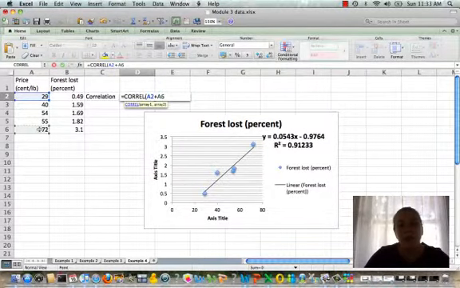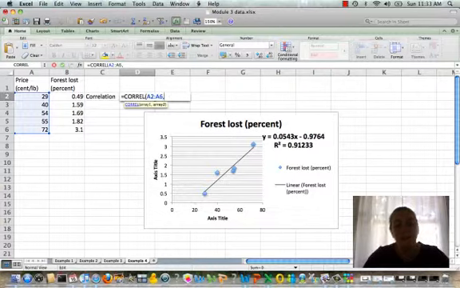Oh, see how it puts a plus in there? To change that, we would need to drag it down, I think. Oh, and see, it's still doing that. So maybe just typing in the colon is faster. And then our forest loss is going to be B2 to B6.